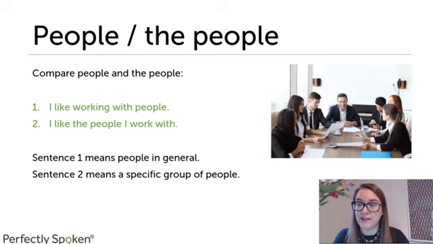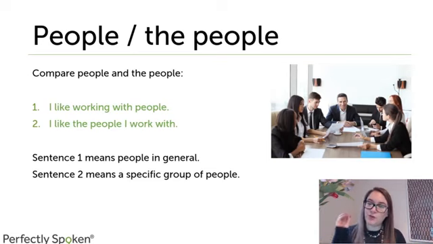Well, again, zero article is when we're talking in general. I like working with people rather than working alone. I'm talking generally, people in general. But in sentence 2, I'm talking about a specific group, the people I work with.